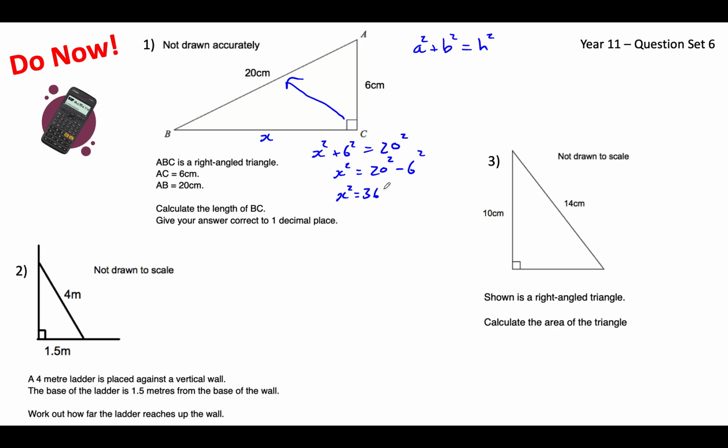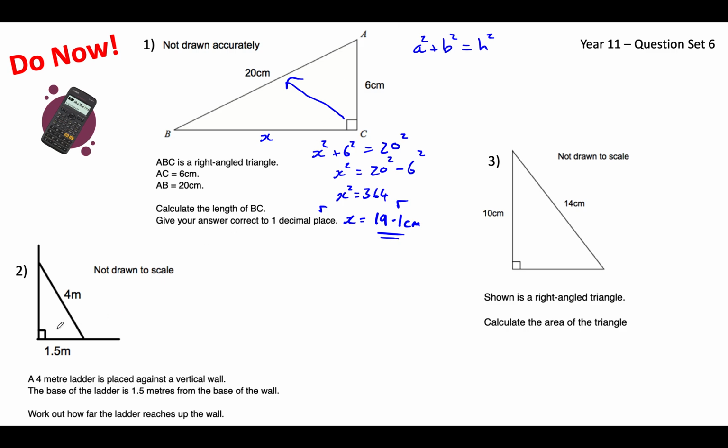Now, the length of my side is clearly not 364. I need to square root it. So I square root 364, and I get the answer, to 1 decimal place, of 19.1 centimeters. Okay, so let's try the next one.